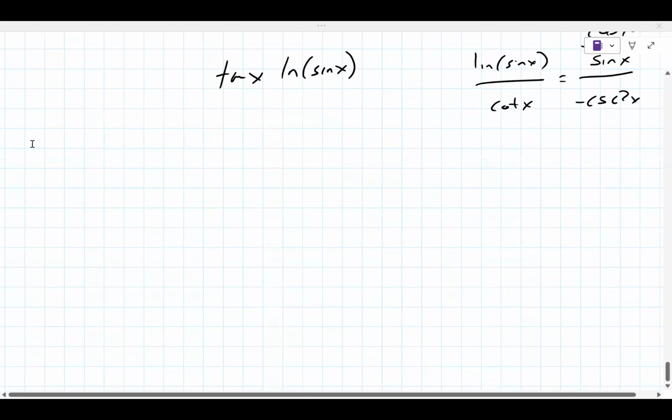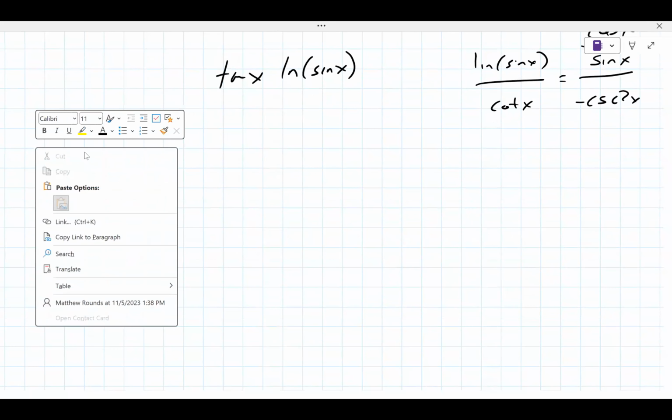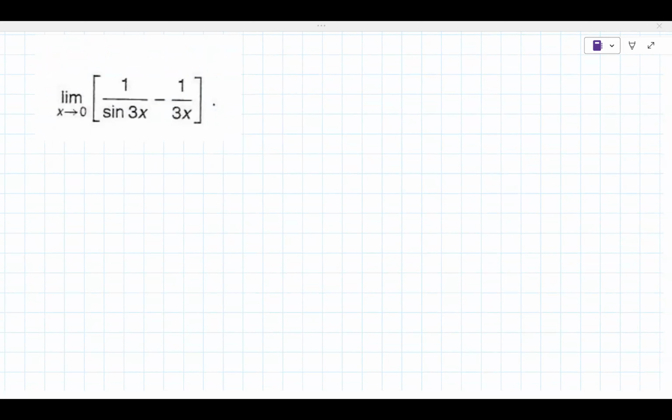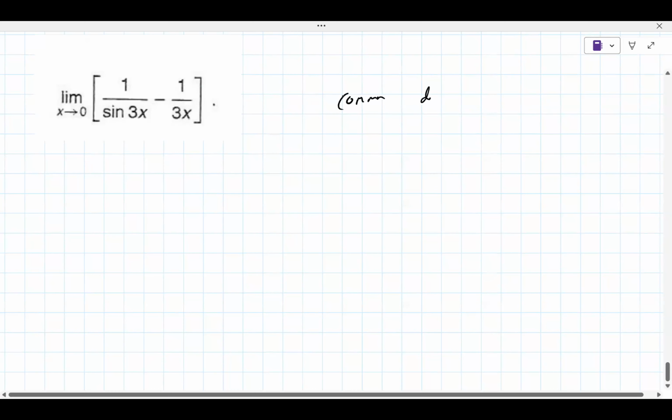Another technique that I think they tend to emphasize here is another one of those indeterminate forms, kind of. This is 1 over 0 minus 1 over 0, which is an indeterminate form, but if you make a common denominator, that's the type of problem here.